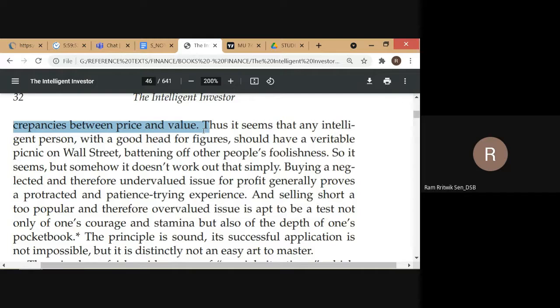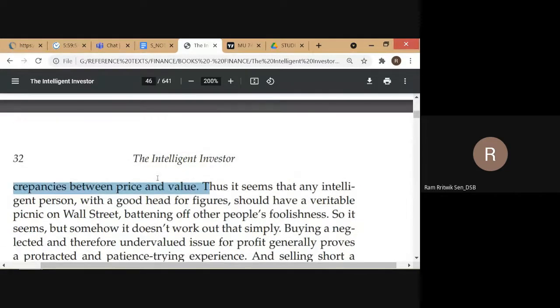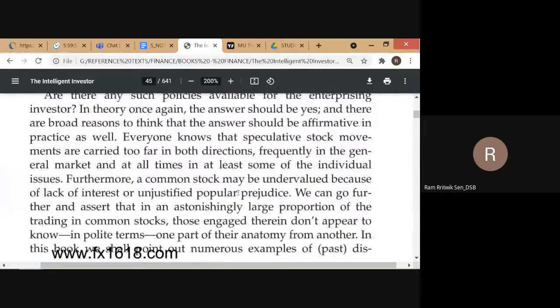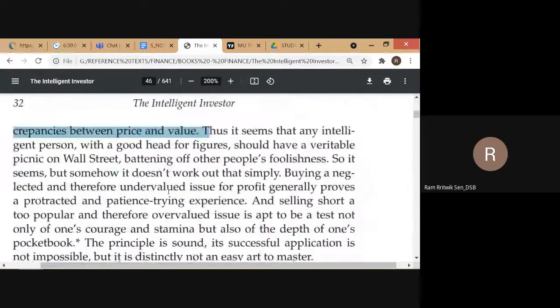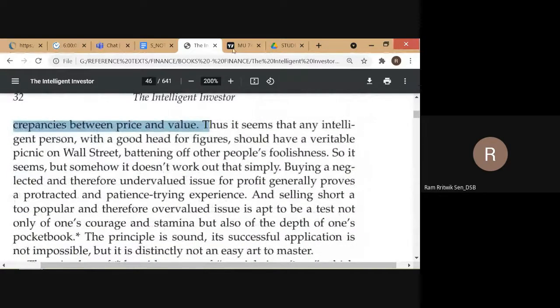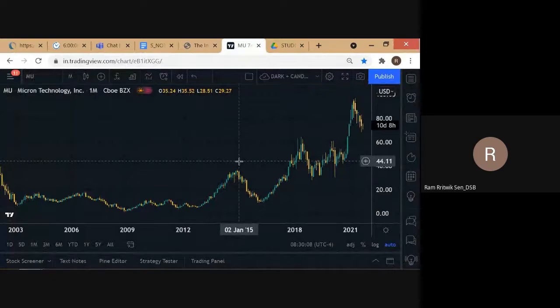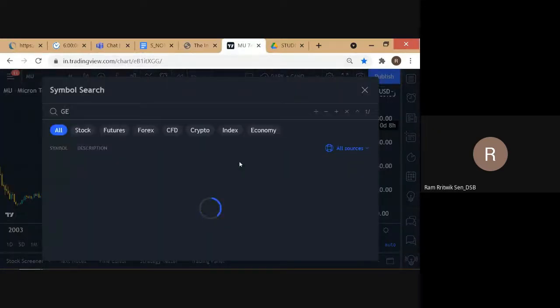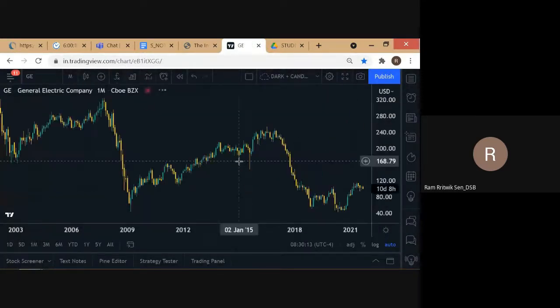And this is basically bringing you back to this idea of distinction between price and value. So what he's basically saying here is the market swings around quite erratically, and therefore it may frequently come to a situation where price is maybe far away from fair value. So if we go to my favorite blue chip company, there you see General Electric looking not too hot.